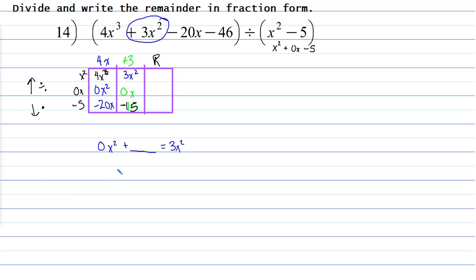And so looking at my negative 20x plus 0x, and I want that to get me to a negative 20x. So I need to add 0x. So I don't have to write that when I'm looking at my remainder.